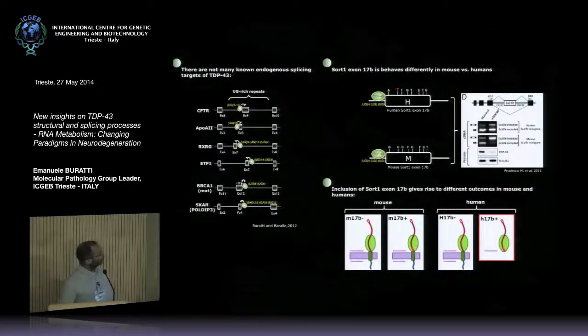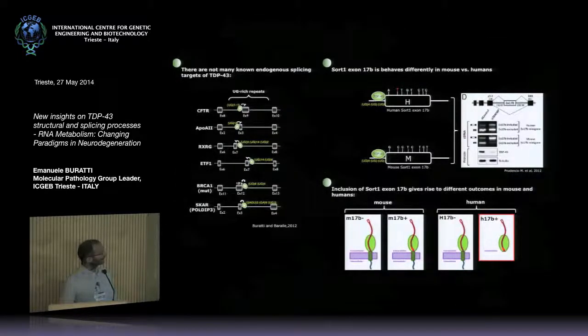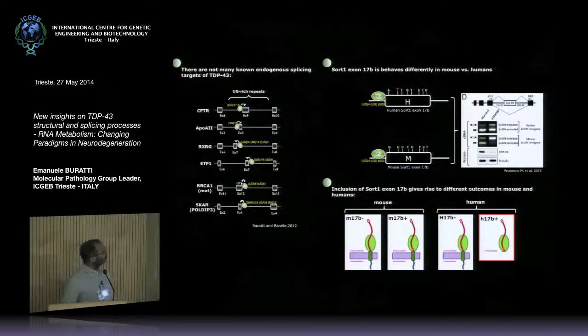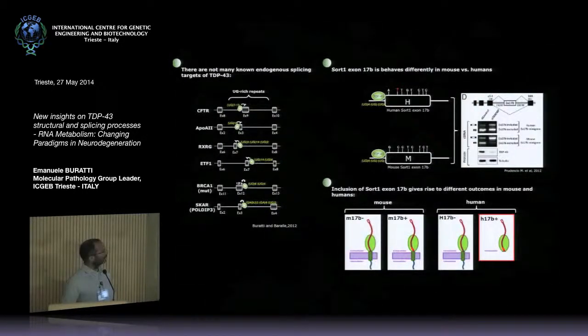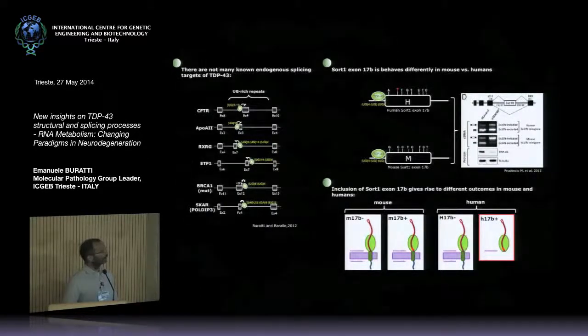But the peculiar issue about the regulation of TDP-43 in this exon, what we found with Leonardo, is that if you take the mouse SORT1 exon 17B and you remove TDP-43, you get a very efficient recognition of this exon.